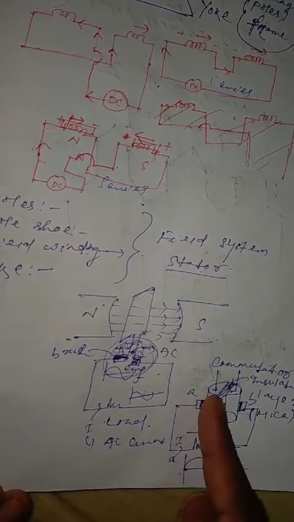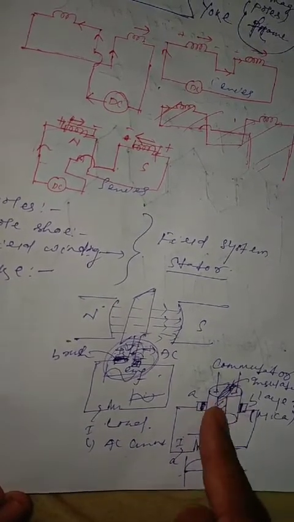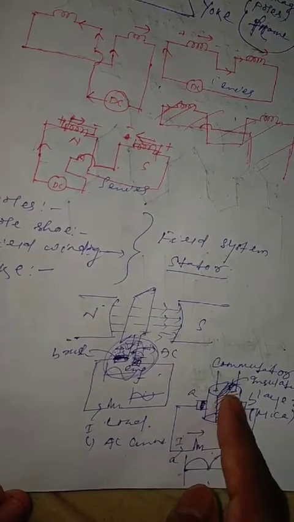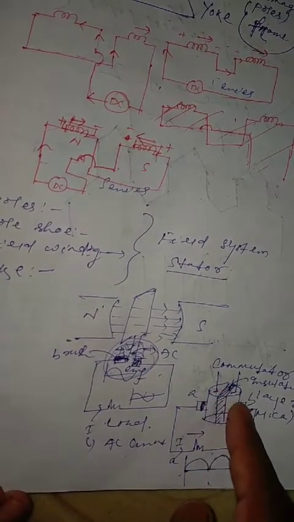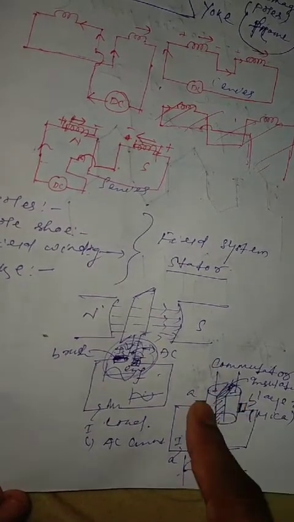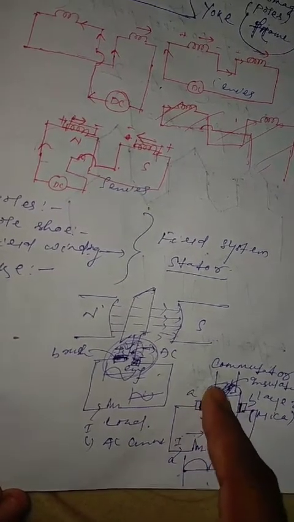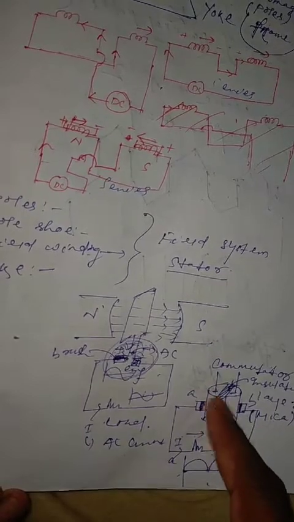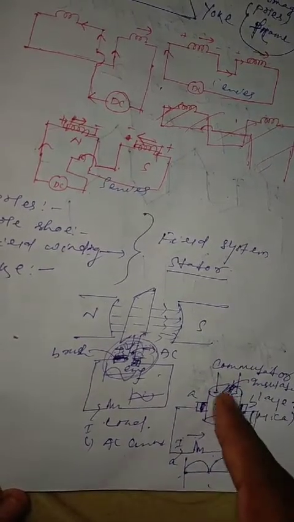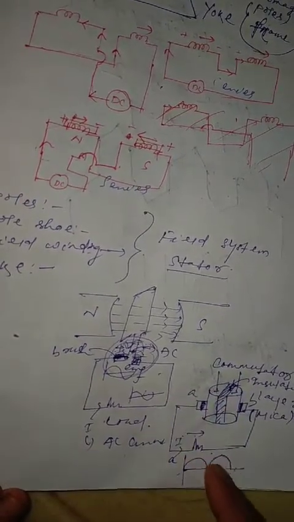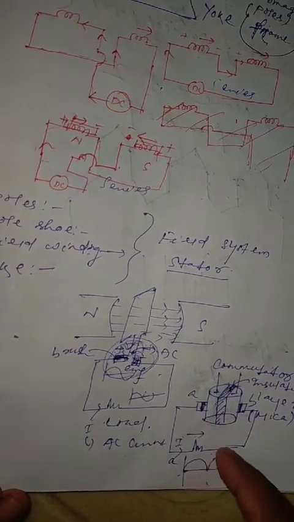So once it completes one half cycle, then what happens? This one comes here and this one goes here, but the brushes are not changing. So as the brushes are not changing, this side becomes again positive, this one becomes again negative. So in the negative half cycle, your current also flows in the same direction.